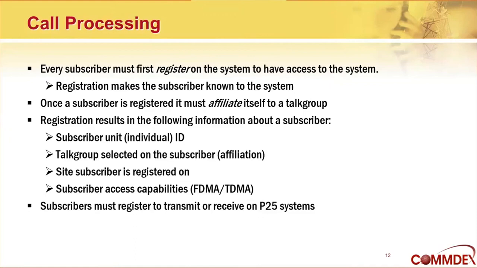You also tell it what capabilities you have, and it knows in its database what you can and can't do. So you have to register on the system to transmit or receive on a P25 system. You can't just buy a radio, turn it on, and access the system. You have to be known to the system.